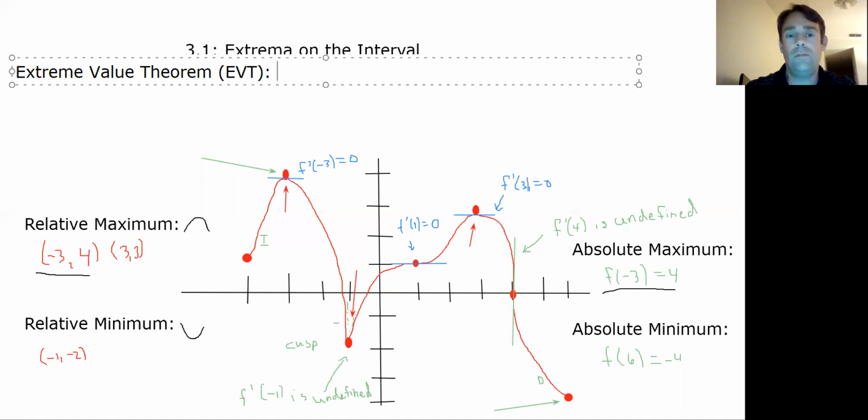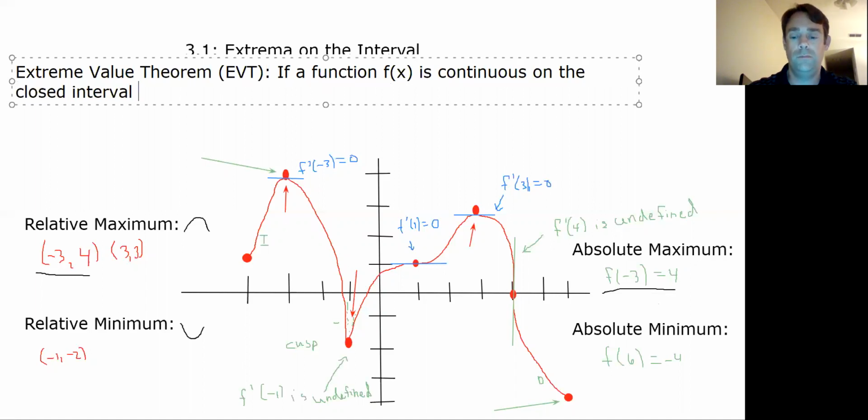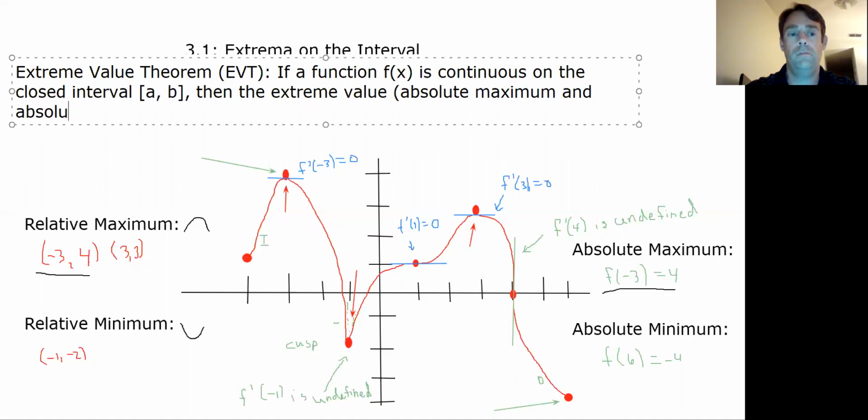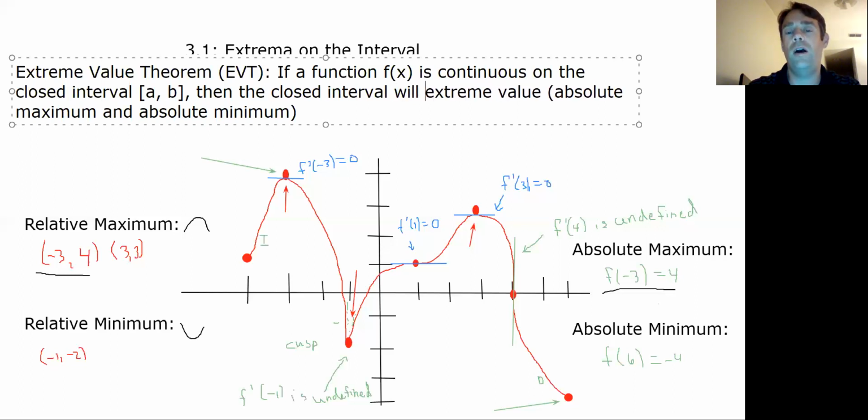It says if a function f of x is continuous on the closed interval from a to b, so we're talking about closed intervals here, then the extreme values, in other words, the absolute max and the absolute min, then the closed interval, sorry, will have both extreme values.